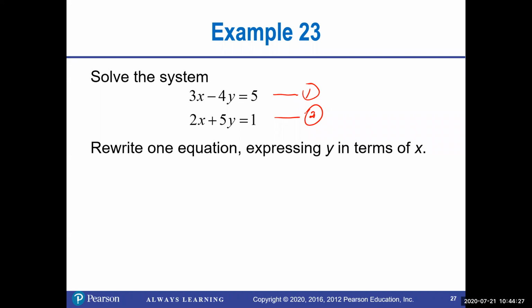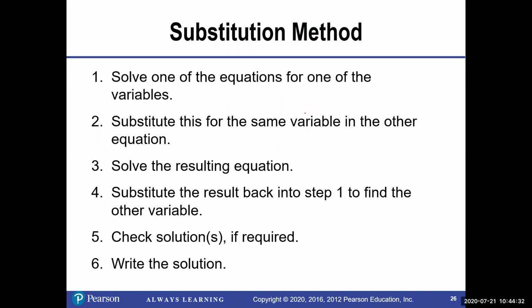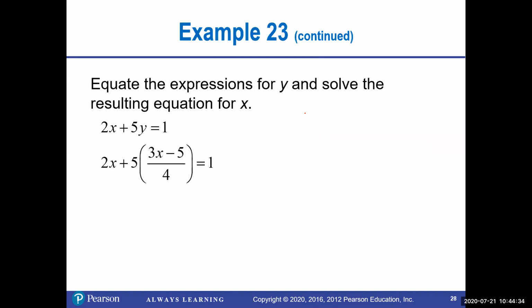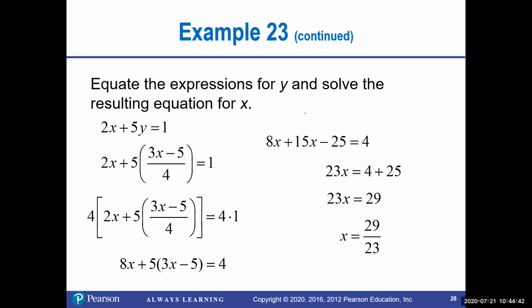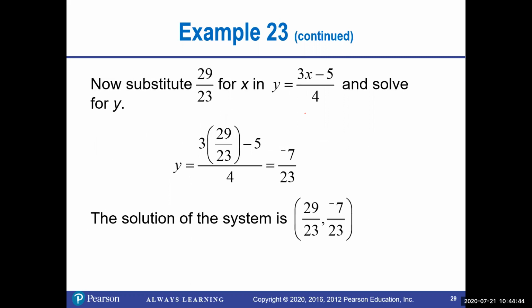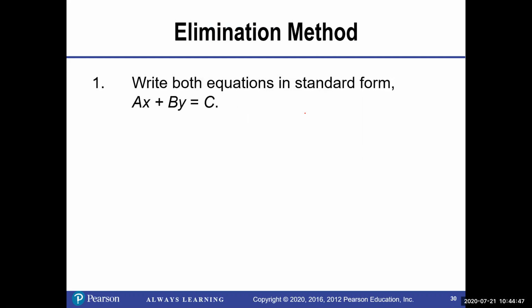So you make S the subject from equation number 1 or equation number 2, and then you substitute that into the other equation, and you solve for the two variables, and that makes it really very simple.